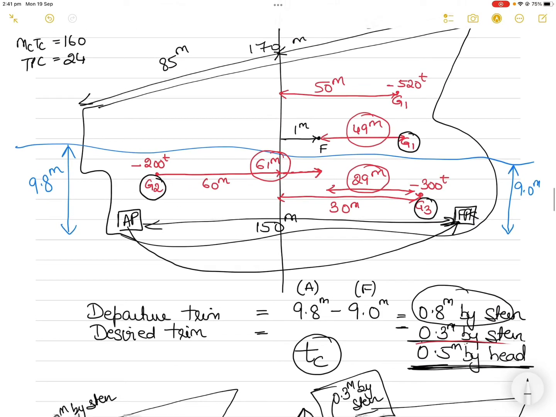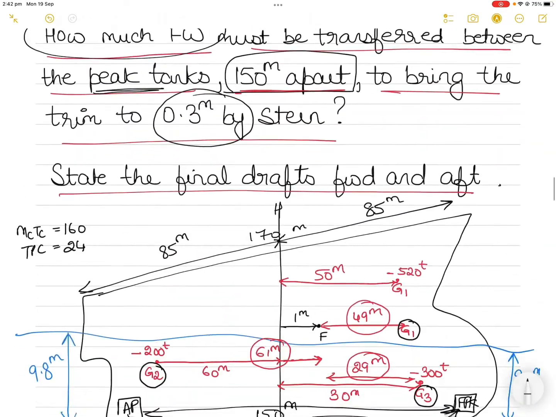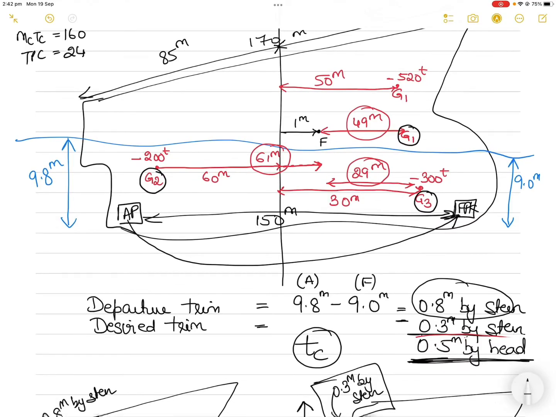All three discharging operations have been carried out, but there is one shifting operation that will be carried out from aft peak to forepeak, or forepeak to aft peak, depending on what is required. Because we require more trim by head, we will see what resultant trimming moment is created by these operations. Actually, these are stores being consumed, fuel oil being consumed. I call it discharging because weight is being taken off the vessel because of the consumption.